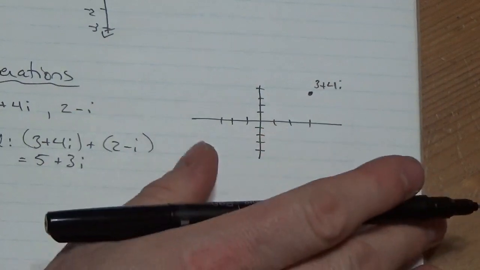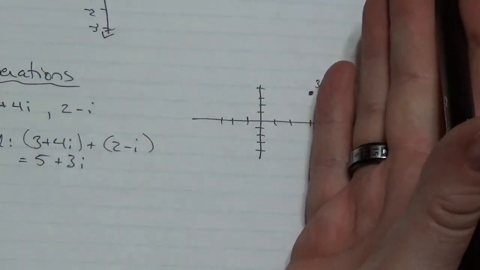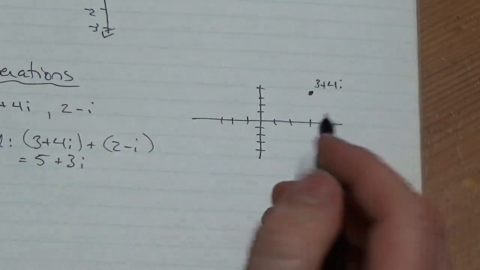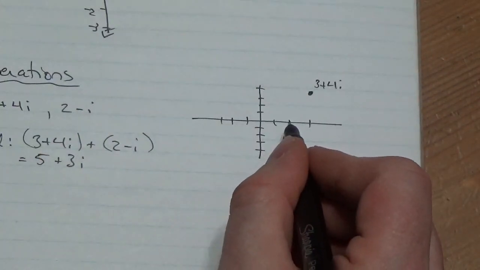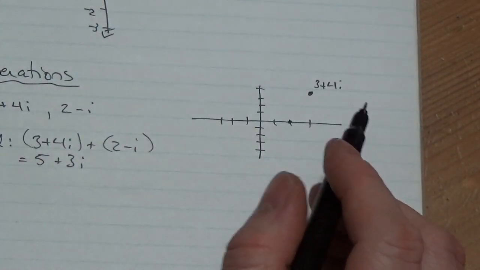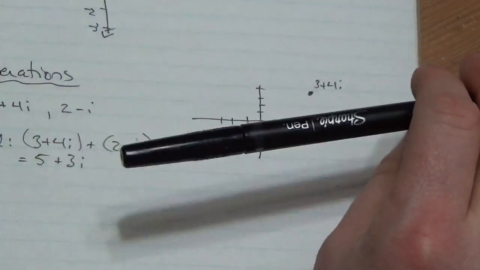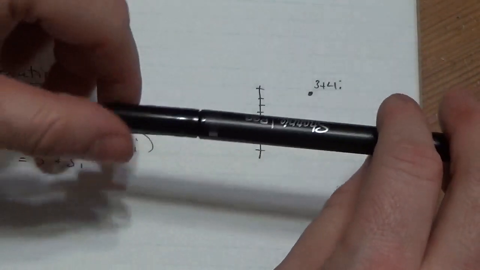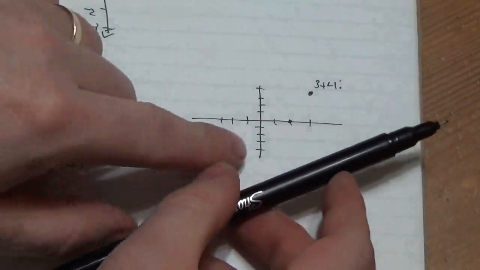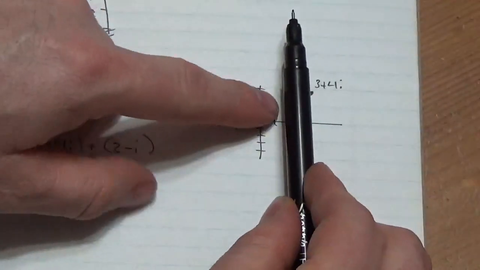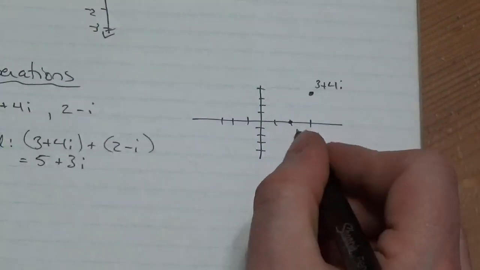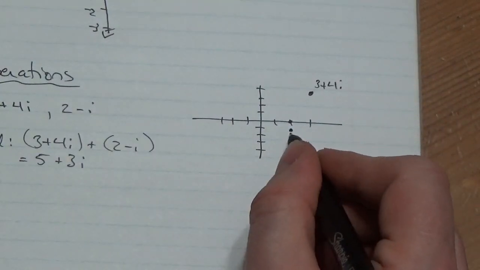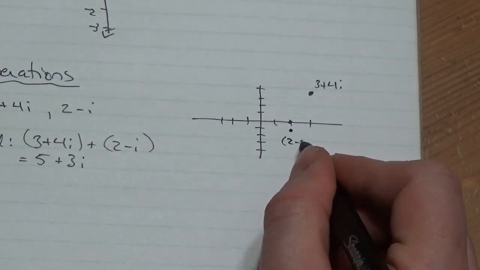I'm going to add 4, but rotate that 4 by 90 degrees to the real axis. Then 2 minus i: I take the negative 1, multiply by i and rotate it 90 degrees, but then the negative drops us back down to here. So right here is my 2 minus i.